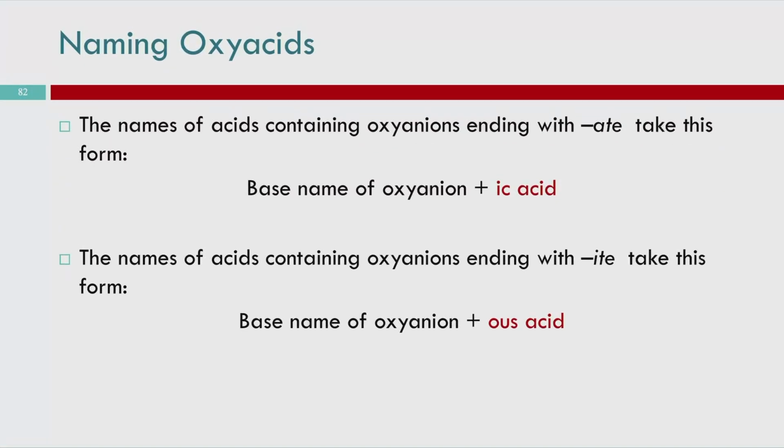We've got two different rules for our oxyacids. If we have an ATE ending, that ATE ending turns into IC. So like nitrate, if that's in an oxyacid, would be nitric, and then add acid. Our other rule is that things with the ITE ending change into an OUS ending.